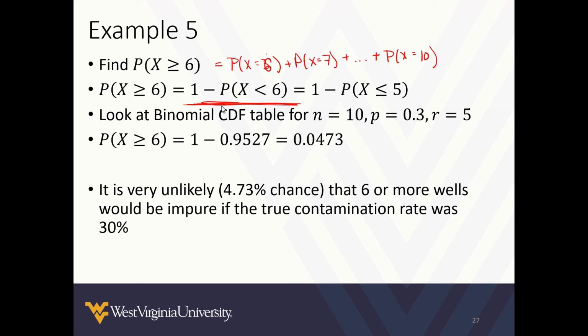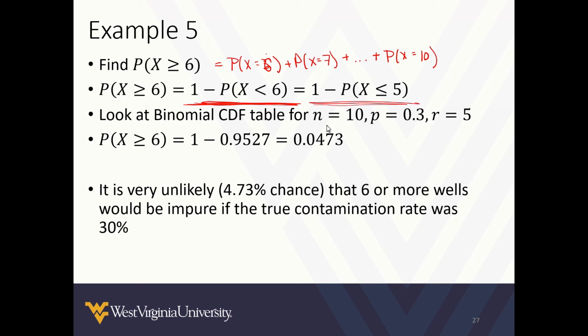The opposite of the probability of X greater than or equal to 6 is 1 minus the probability of X less than 6. Remember, 6 is included, which means when we're doing its complement, we need to exclude it. So it will really be the probability of X less than or equal to 5.